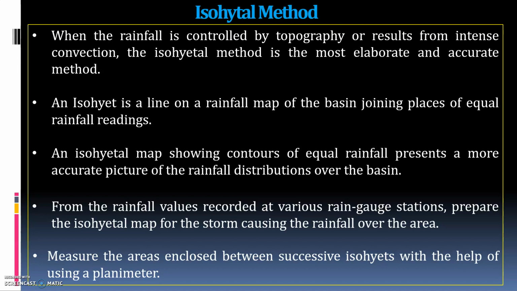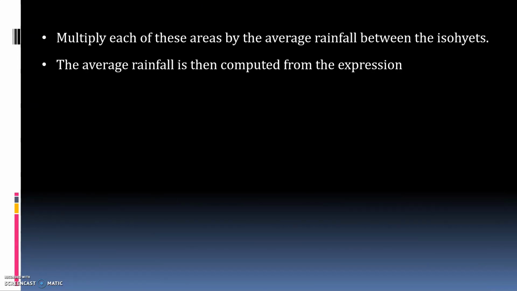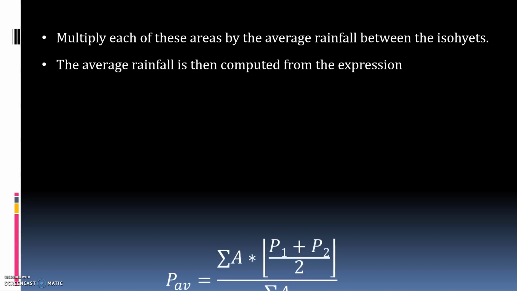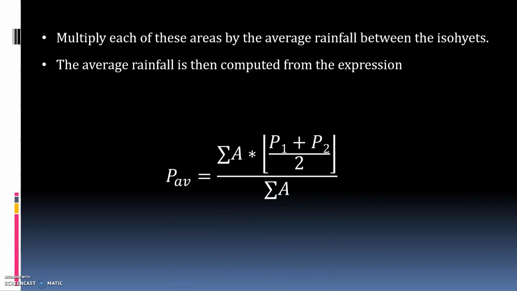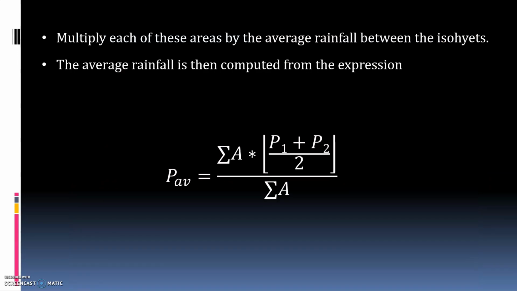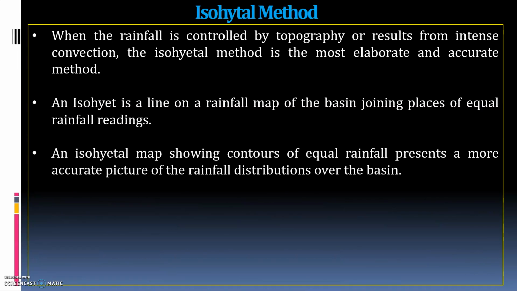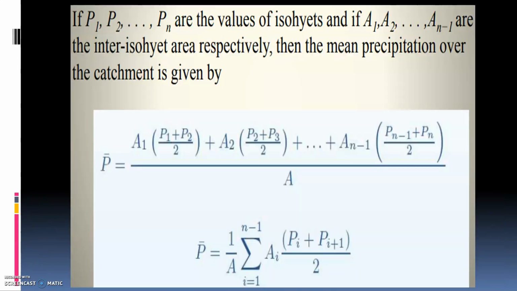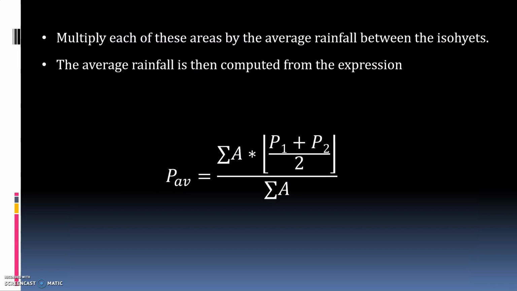Next, you have to measure the areas enclosed between successive isohyets with the help of a planimeter. Then multiply each of these areas by the average rainfall between the isohyets.